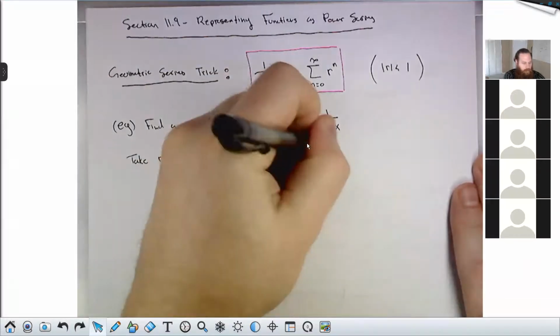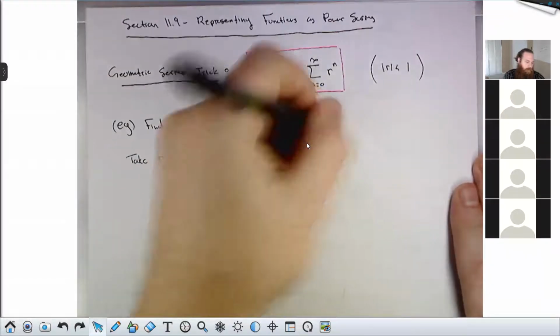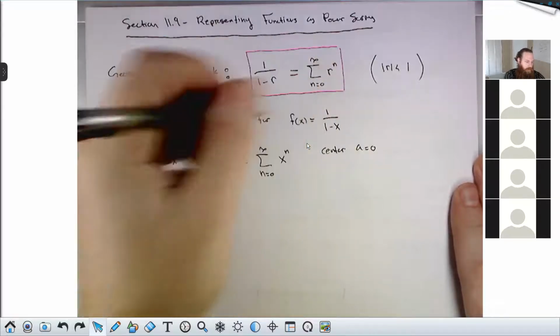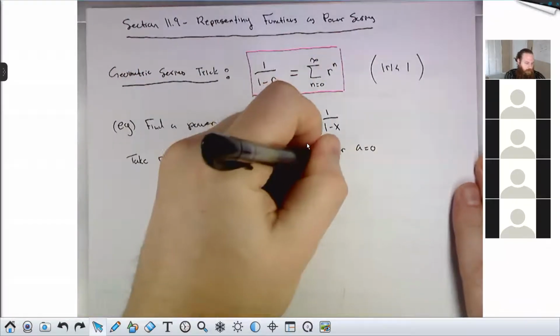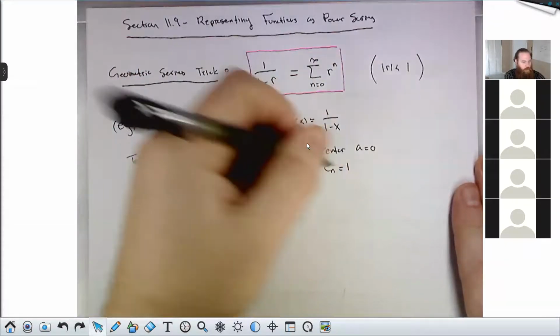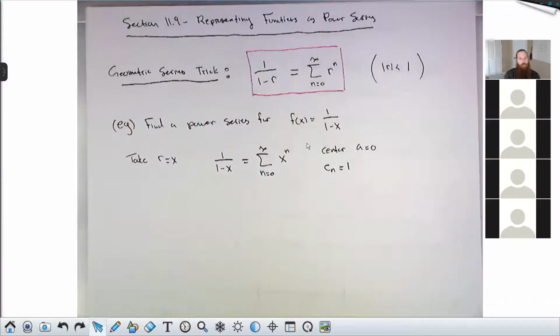The center here is 0. And the coefficients, the CNs, are all just 1. Right? This is like 1 times x to the n. So all the CNs are 1.